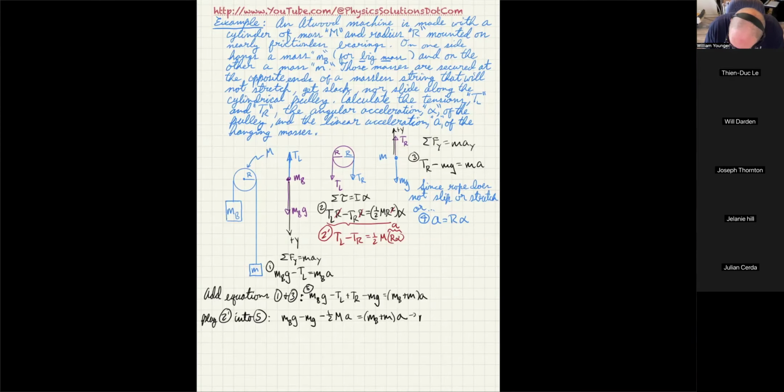I can say MB minus M times G is equal to MB plus M plus 1 half big M times A. So now I can say that the acceleration A is MB minus M over MB plus M plus 1 half M. That's a big M there.